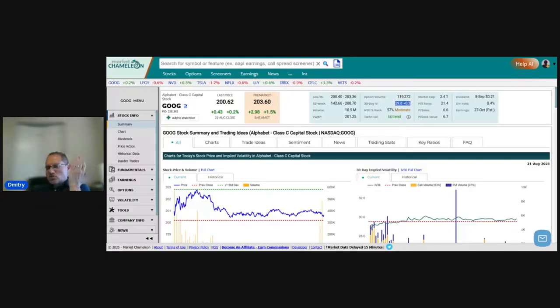But what if we wanted to track a strategy, for example, a call spread? Well, a call spread involves buying one option, selling another, right? So when we do that, then the implied volatility is not meaningful when we're doing combinations, right?